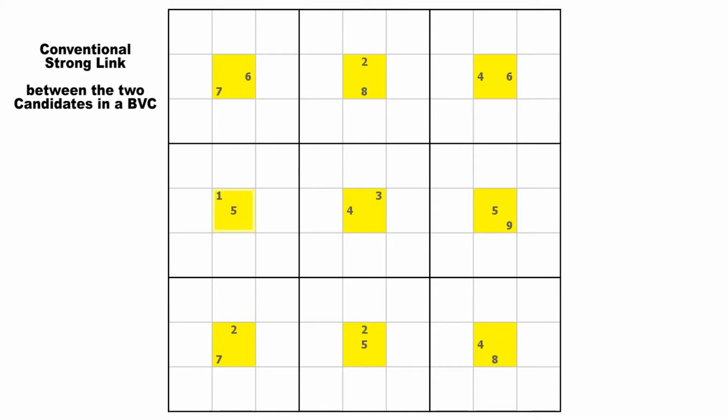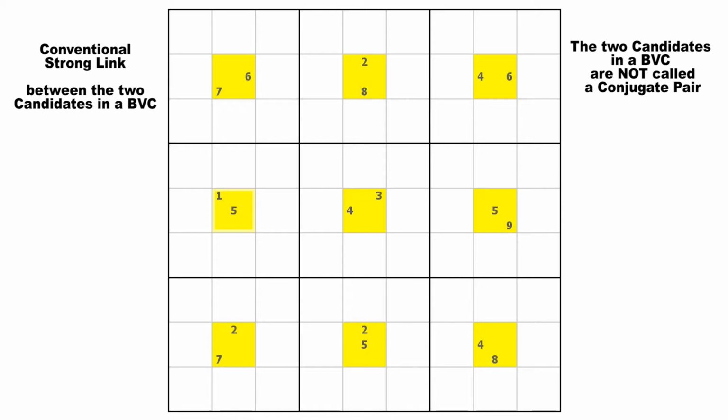This relationship is also the same as that of a conjugate pair, but the two candidates in a by-value cell are not called a conjugate pair because they are two different digits. Don't forget that. The two candidates in a by-value cell are not called a conjugate pair, even though one must be true and the other must be false.